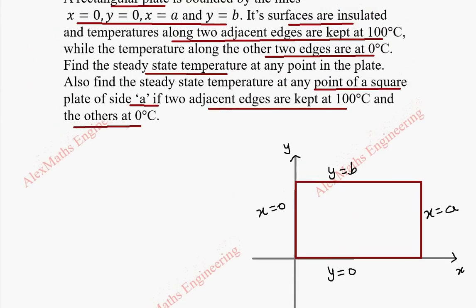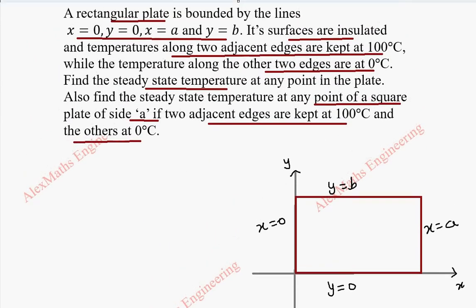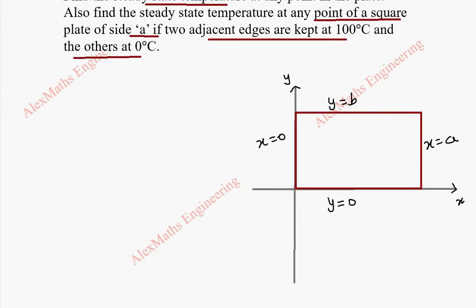As per the question, we have marked all the sides, and two adjacent sides are kept at 100 degrees. So let's mark these two adjacent sides. This is u of x comma b, and we keep it as 100.